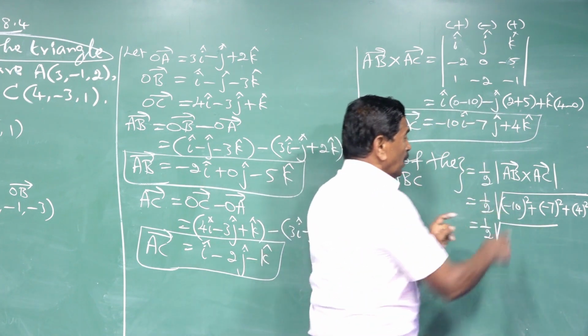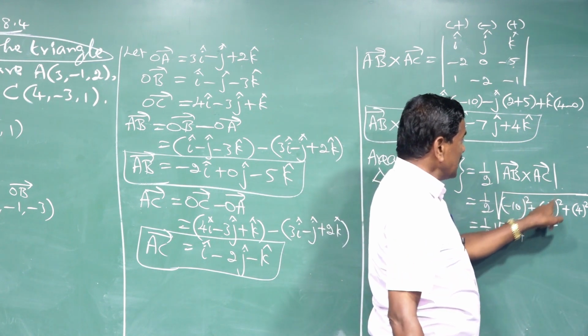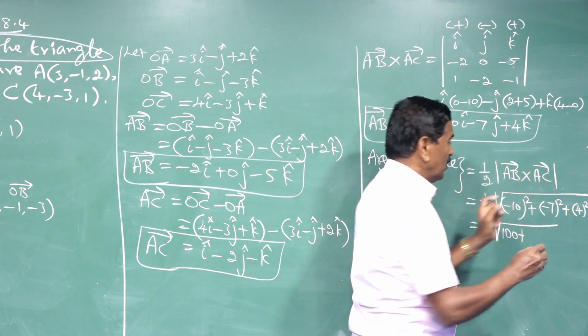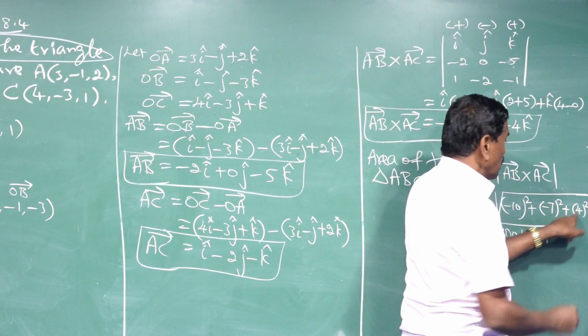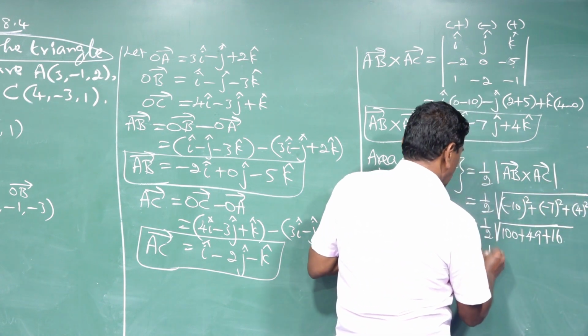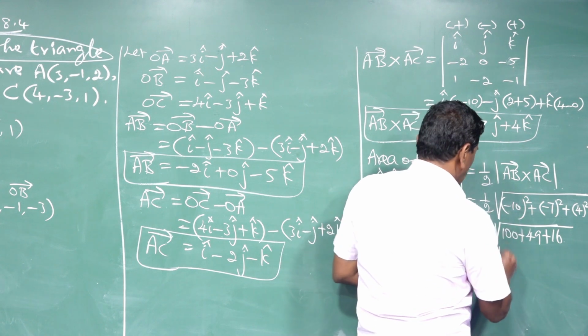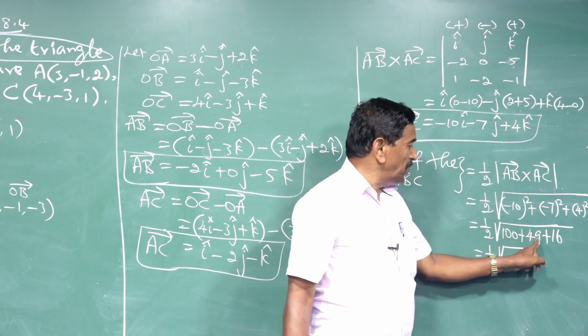(minus 10) whole square equals 100, plus (minus 7) whole square equals 49, plus 4 whole square equals 16. Now, just addition: 6 plus 9, 15.